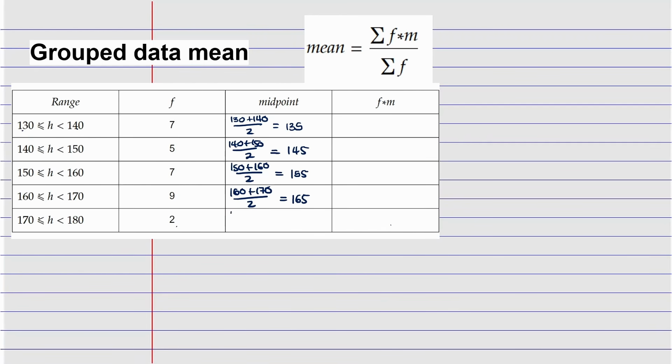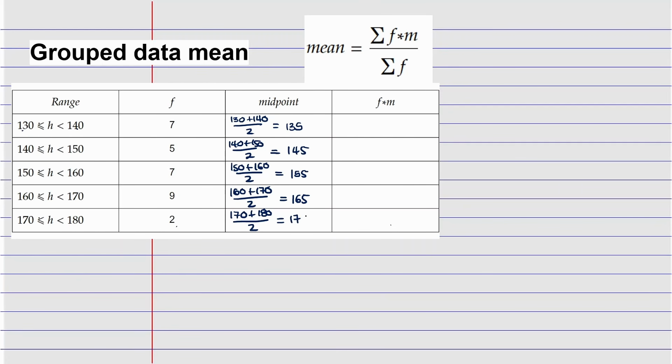And the last one, 170 plus 180, divided by 2, gives 175.